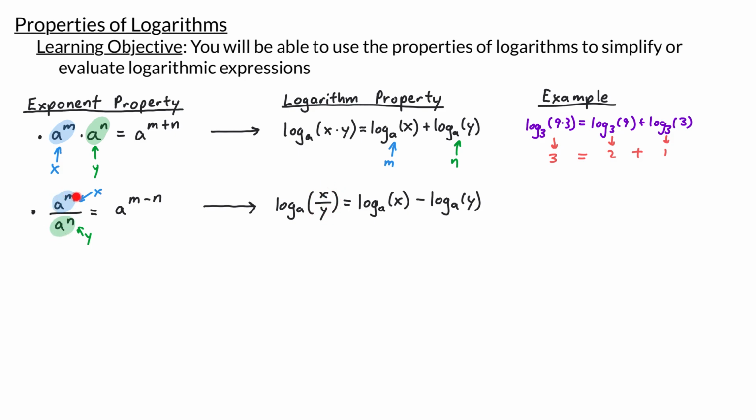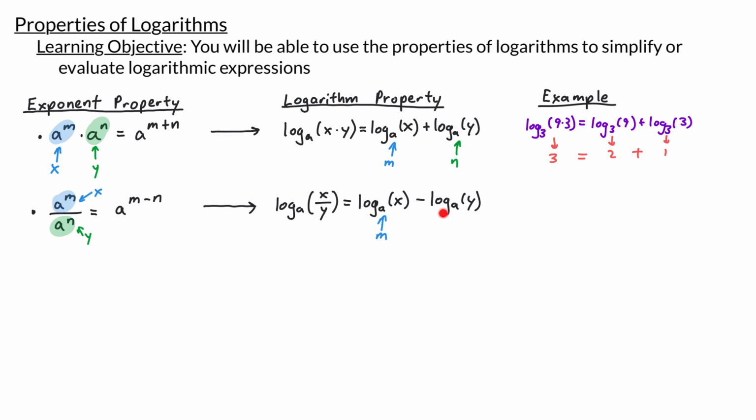Well, x divided by y here is a to the power of m minus n, the exponent of the numerator minus the exponent of the denominator. And that's what we see on the right-hand side of our log property. Log with base a of x is the power that we raise a to get x. And with how we labeled things, this would be m.